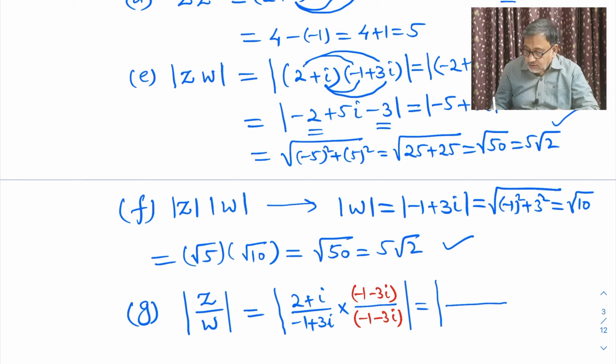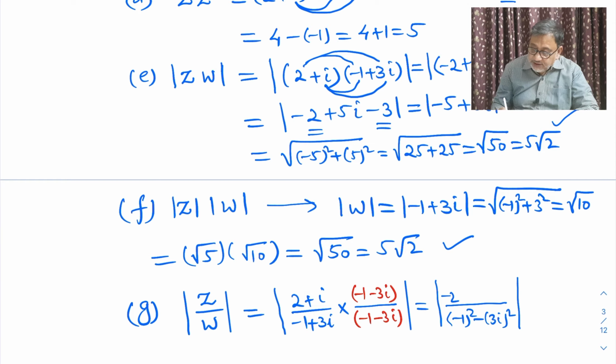Now my denominator will be a plus b, a minus b. Look here, a plus b, a minus b. So a square minus b square, which will be minus 1 square minus 3i bracket square. And for the numerator, I'll have to multiply both the brackets. So 2 multiplied by minus 1 will be minus 2.